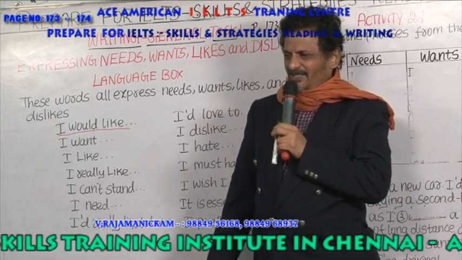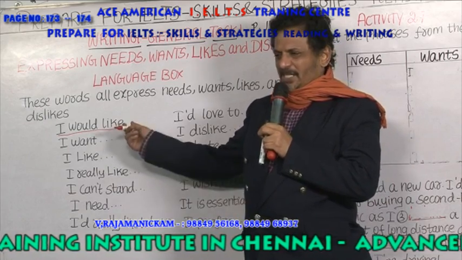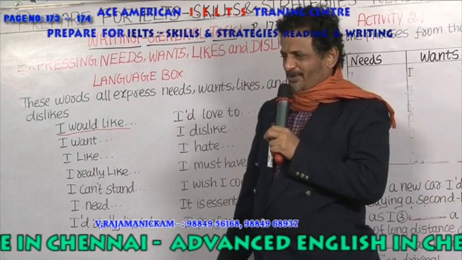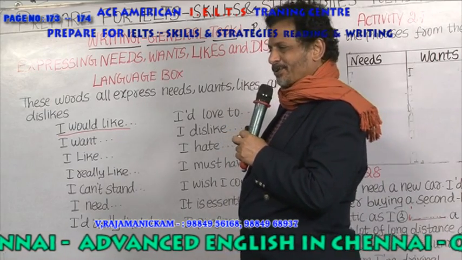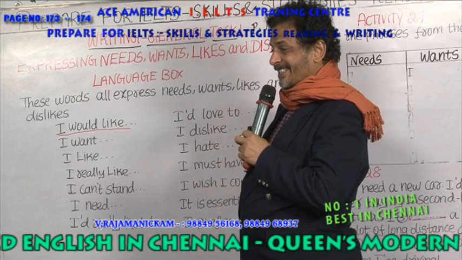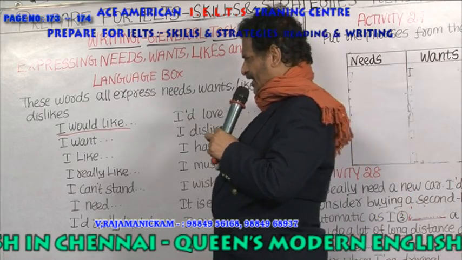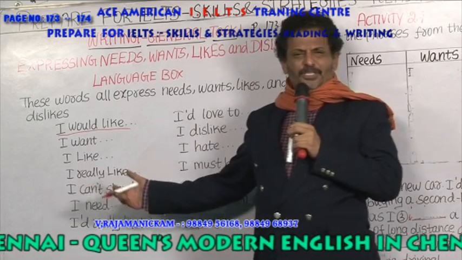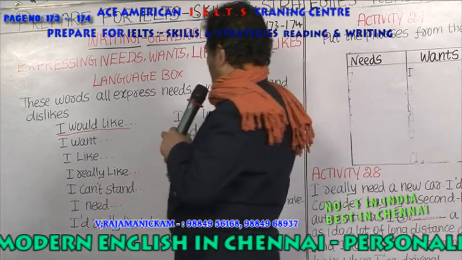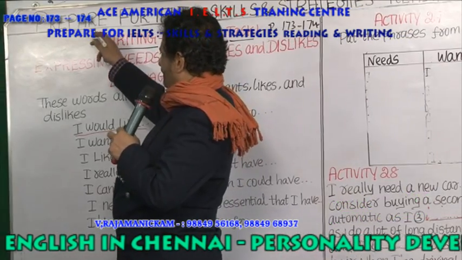You won't write that in official letters, isn't it? This is letter writing skill. I would like to have a coffee, that isn't spoken, okay? In writing, I would like to bring it to your notice. Yes, this is an official, formal letter. Mind you, this is in writing.